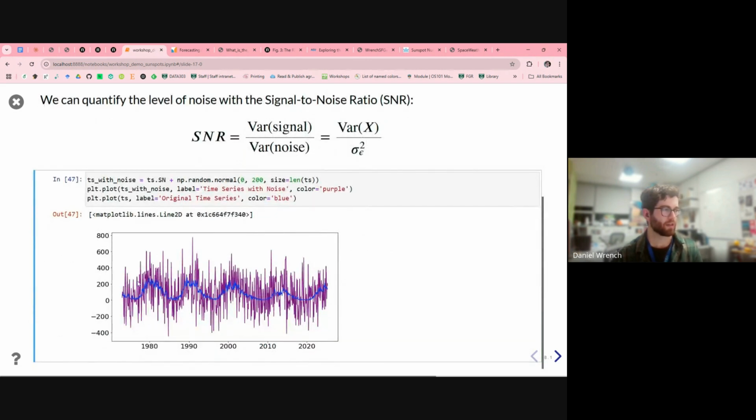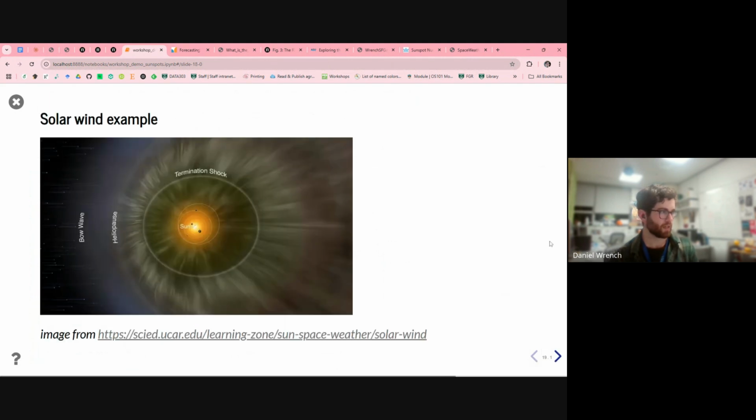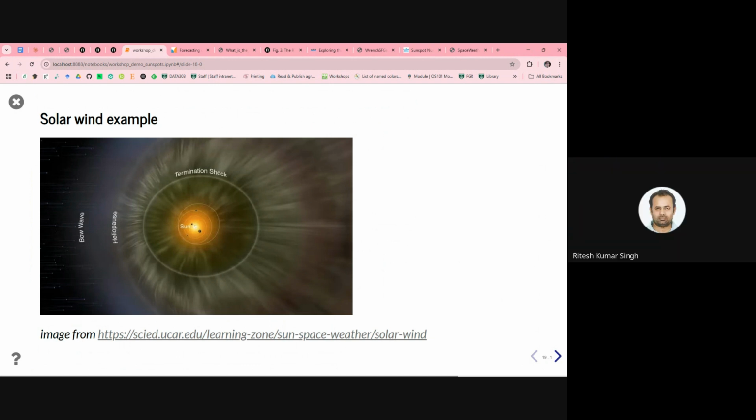Effectively, what I'm doing here is a very rudimentary Monte Carlo simulation. We're simulating what the data could look like and then drawing some conclusions about how that affects various statistics. So that's our sunspot data, but I've got another example, now going to solar wind data.